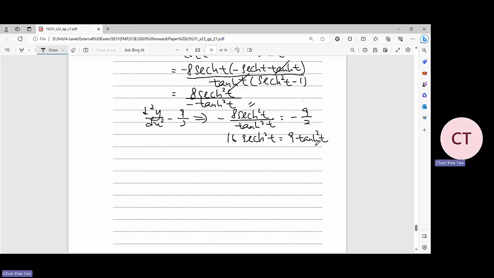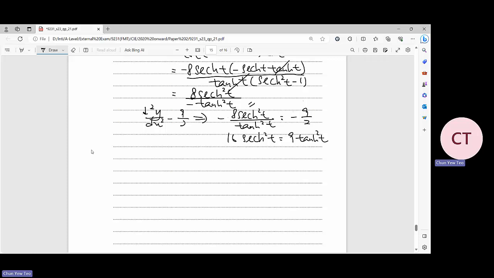If you do it until here, we will get quadratic equations.